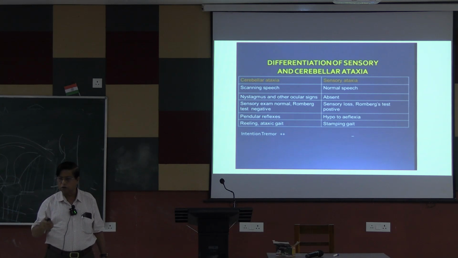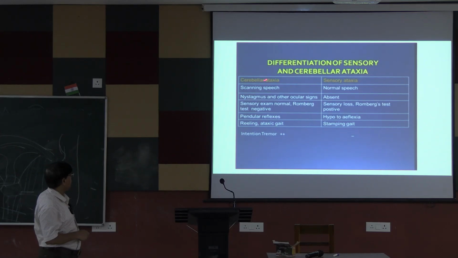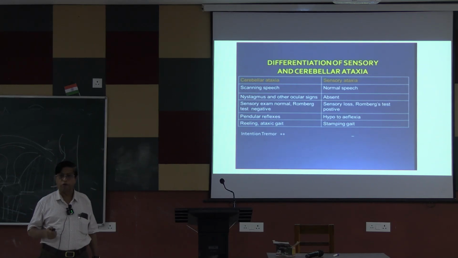Nystagmus occurs in different diseases. Even impaired vision can cause nystagmus, because you cannot fix on the object. But remember at this stage that cerebellar lesion is an important cause of nystagmus.